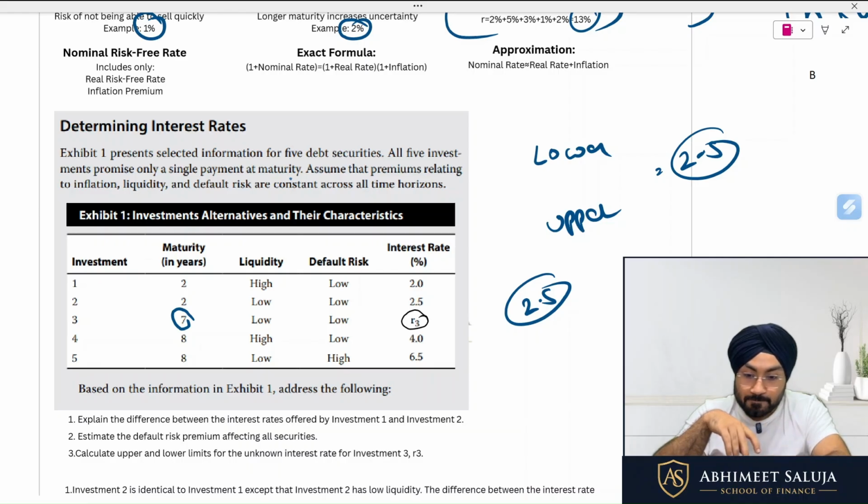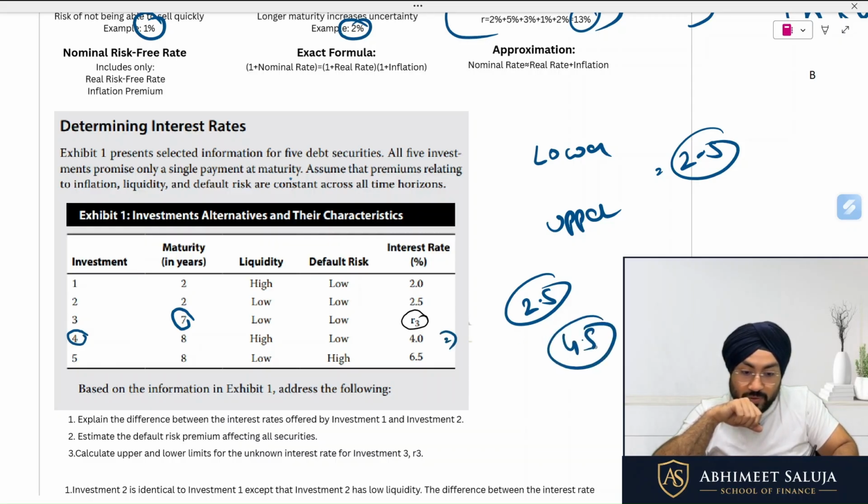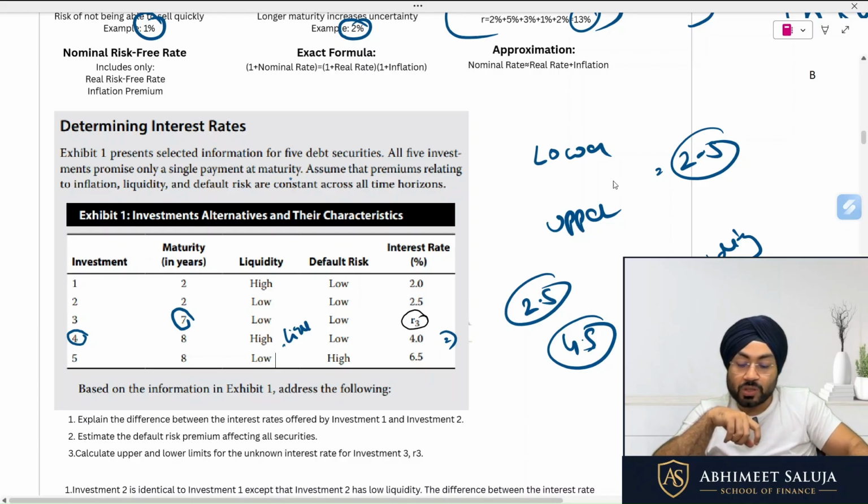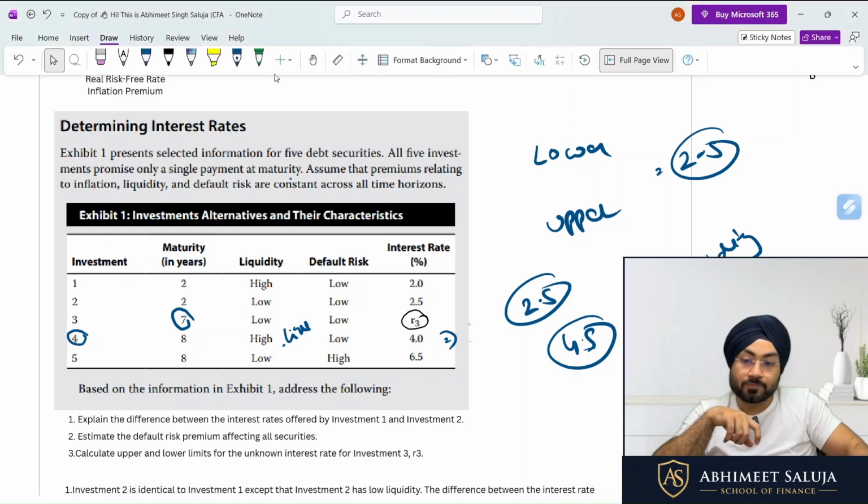Now consider the fourth bond. We calculated 4.5% when compensating for the liquidity part. If this bond's liquidity was lower, the interest rate should be 4.5%.